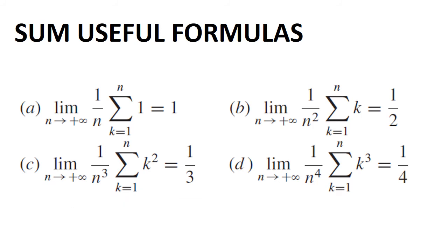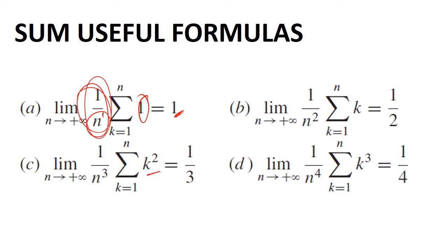Automatic, 1 na yan. 1/3, 1/2, 1/4 agad yung sagot natin. So, madali lang naman siyang i-memorize. So, kung 1 yung nasa loob, at 1n din yung nasa labas, si exponent ng n is 1. 1 naman ang sagot, nung limit ng summation.